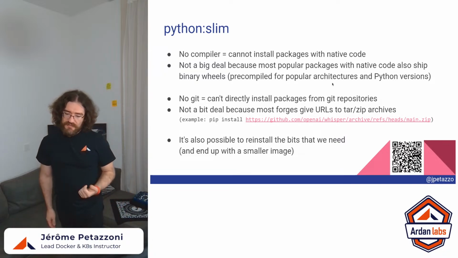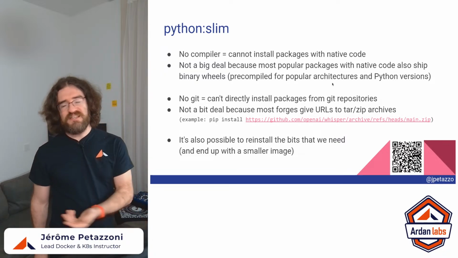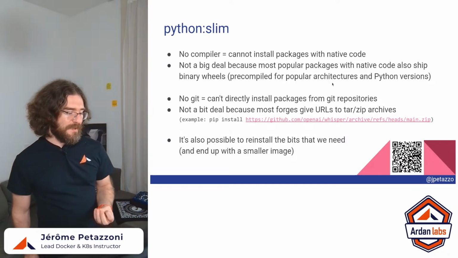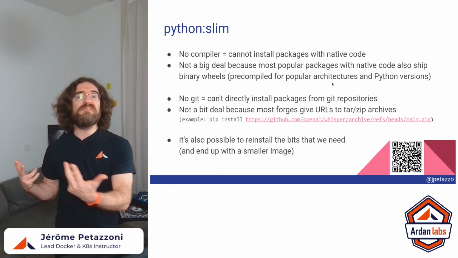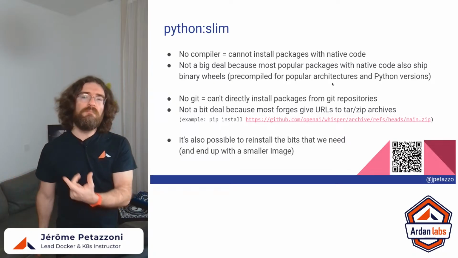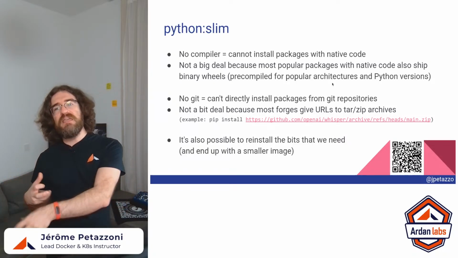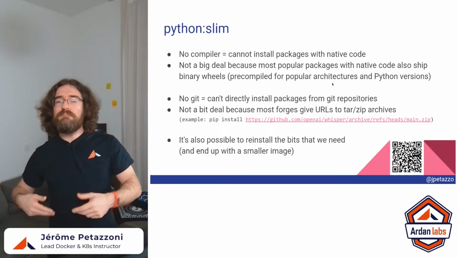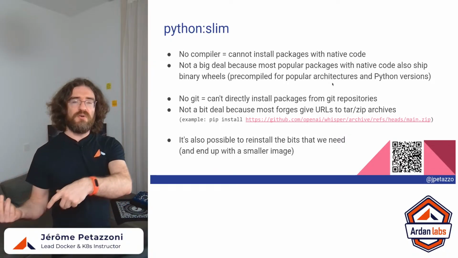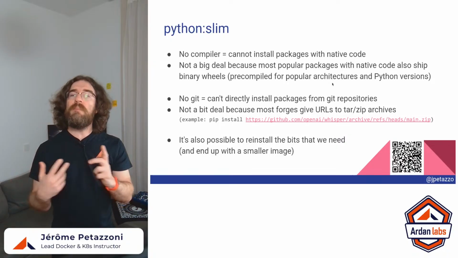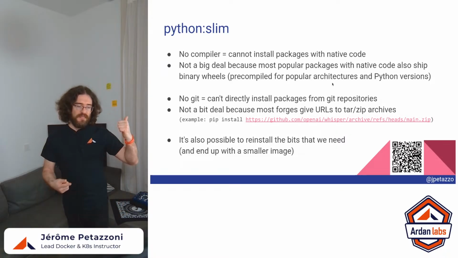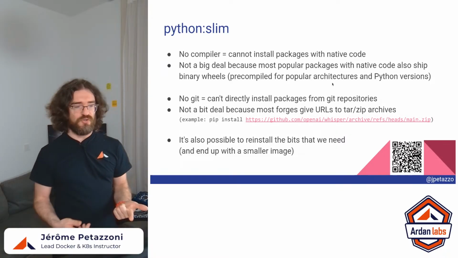Except, well, it turns out that compiling these packages takes time, and so at some point Python added the concept of wheels. A Python wheel is basically a package that is available pre-compiled for your particular architecture and Python version.